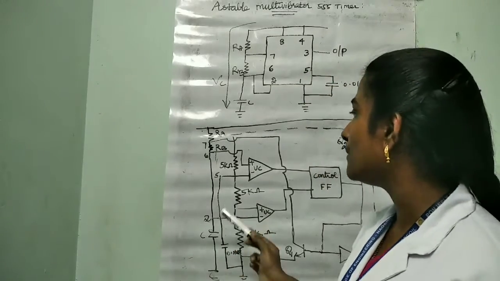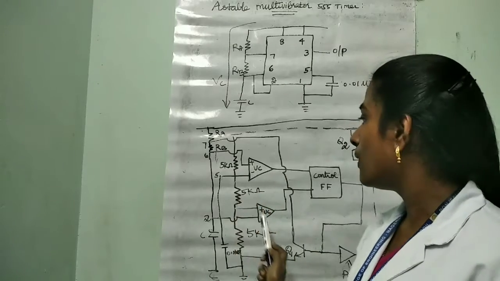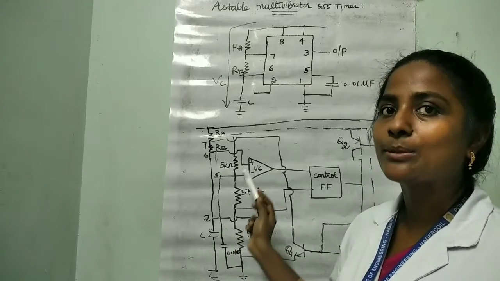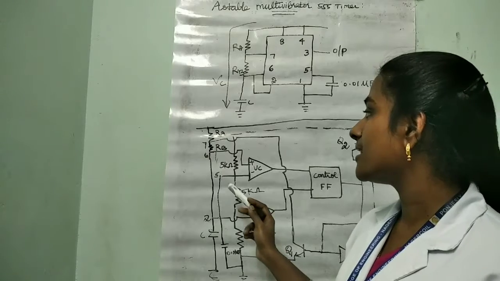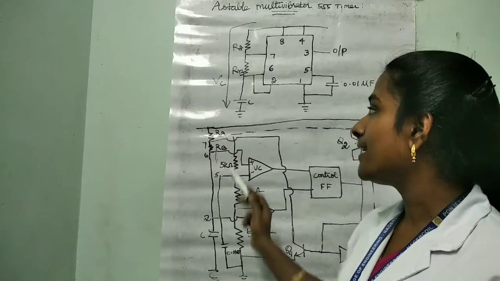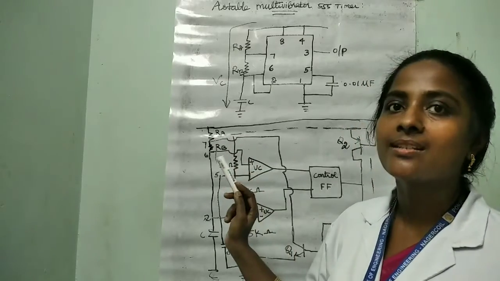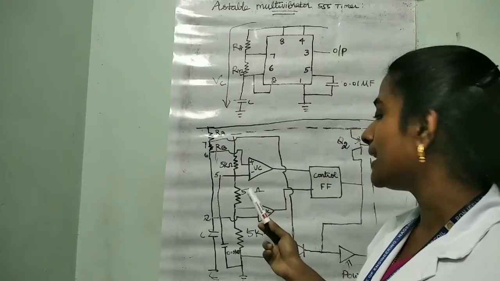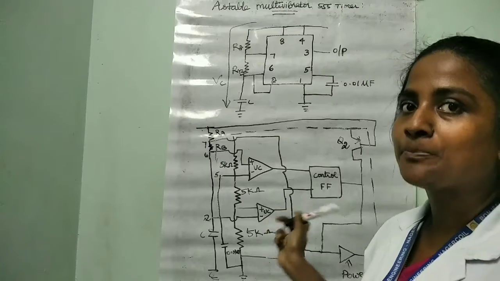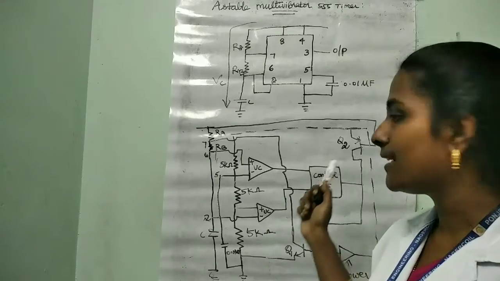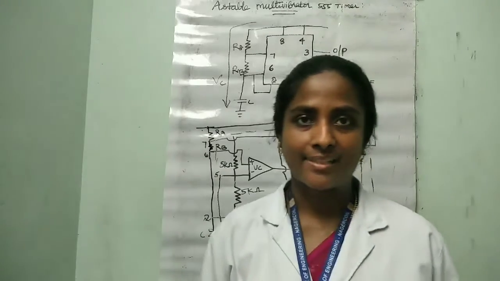Here also we have upper comparator, lower comparator, and 3 internal resistances of 5 kilo ohm. Okay, extra we have the external timing resistances RA and RB. Here also we have flip-flop and power amplifier, Q1 and Q2 transistor.